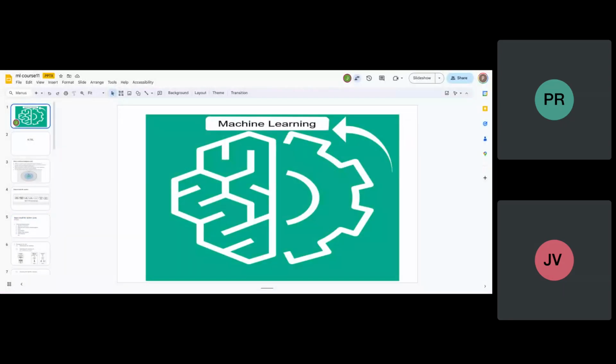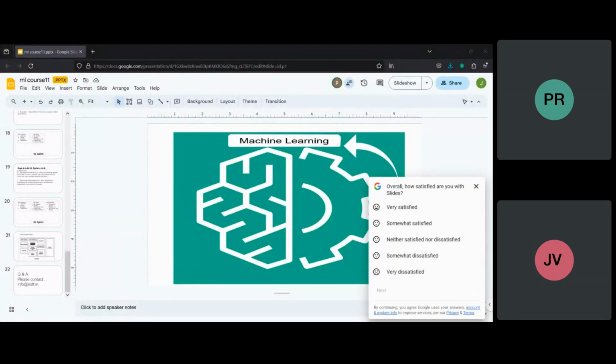So I can do one thing. I can share it because I updated. I'm stopping sharing. You share it. Okay. So here we are. Can you make sure that it is full screen? Yeah. Right.